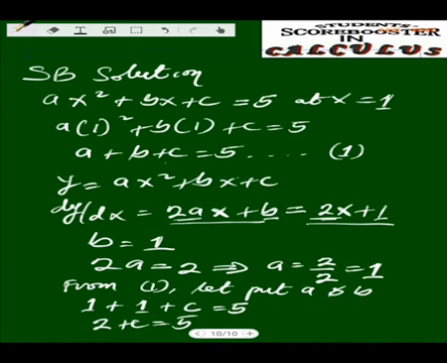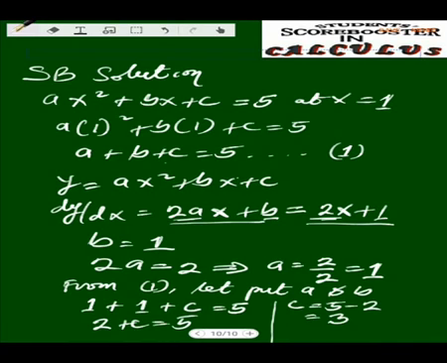If 2 plus c equals 5, it means, so that you can follow very well, c is equal to 5 minus 3, which means c is equal to 2. Sorry, 5 minus 2, not 3. 5 minus 2, and which means c equals 3. I hope this is clear.